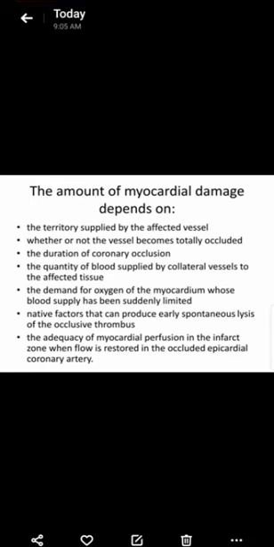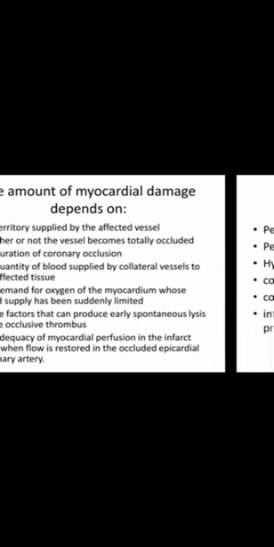Then the oxygen demand of the myocardium whose blood supply has been suddenly limited. Then native factors that can produce early spontaneous lysis of the occlusive thrombus. And the adequacy of myocardial perfusion in the infarct zone when flow is restored in the occluded epicardial coronary artery.